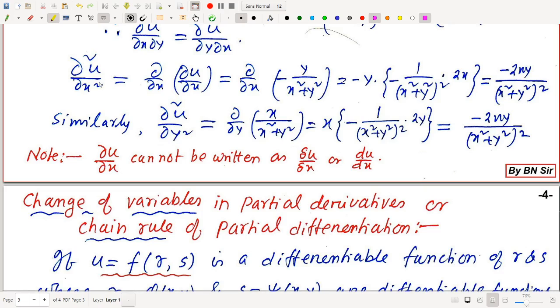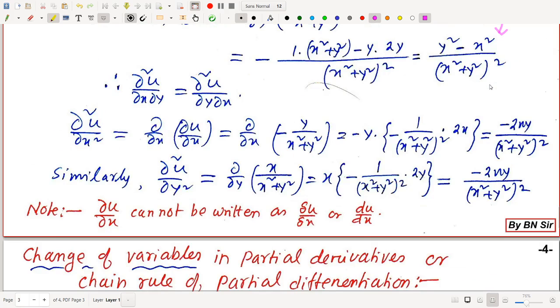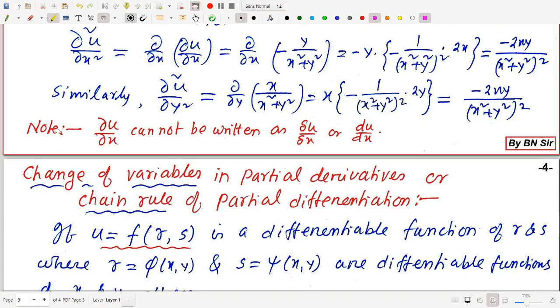See here the ∂²z/∂x² answer and the ∂²z/∂y² answer. Incidentally, both are the same. In general they are not the same. Here they are the same perhaps because the function is symmetrical. Okay, note, ∂u/∂x cannot be written as Δu/Δx or du/dx. du/dx is for an ordinary derivative for a function of a single variable, and Δu/Δx is an increment ratio.